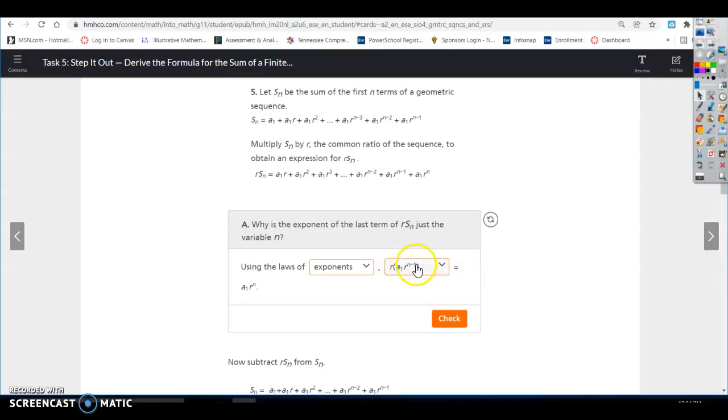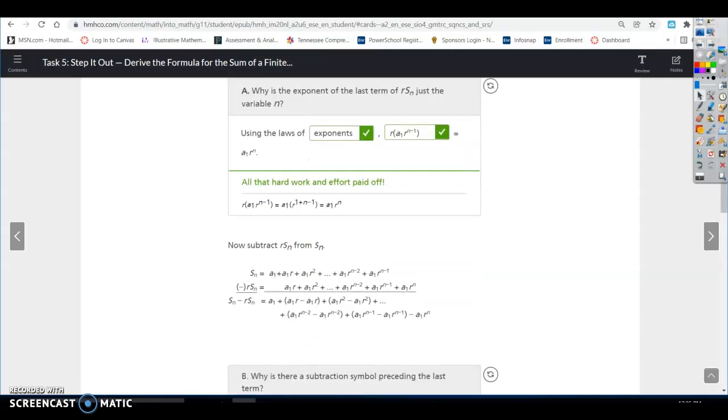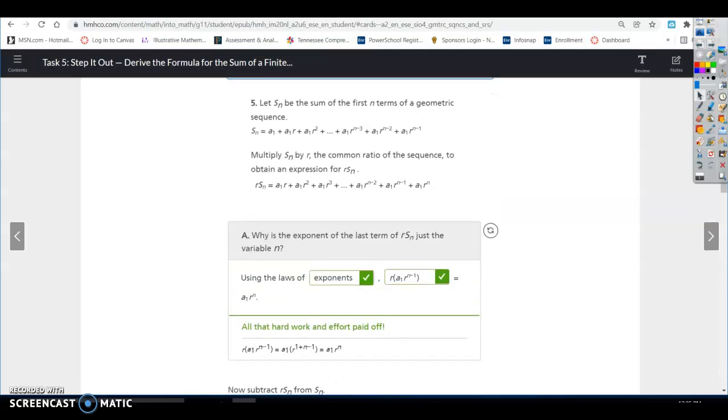The 1 and the negative 1 cancel and leave just the n. So my pen's not working, but that's why that works the way it does. Alright, and it shows it right here, r to the first plus n minus 1, and that gives you the a sub 1 times r to the n power. And that was just asking why this last term had n instead of n minus 1.